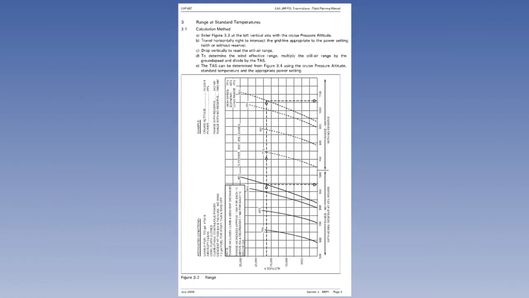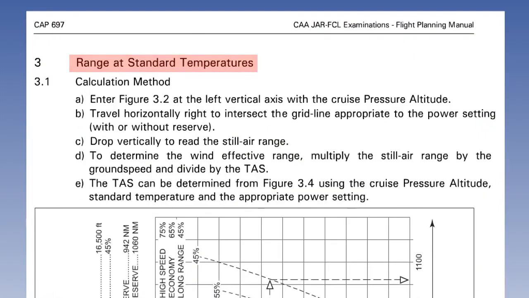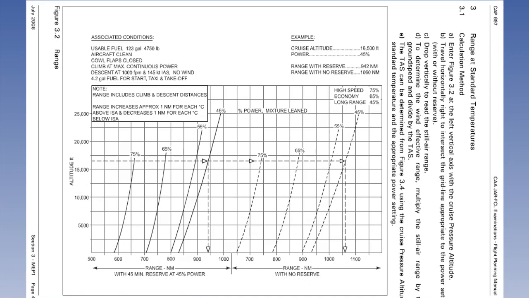From Figure 3.2, we can calculate the still air range of the aircraft with and without reserve fuel. The left side of the graph gives the range at various power settings, with 45 minutes reserve. However, the reserve fuel of 45 minutes assumes a power setting of 45%.